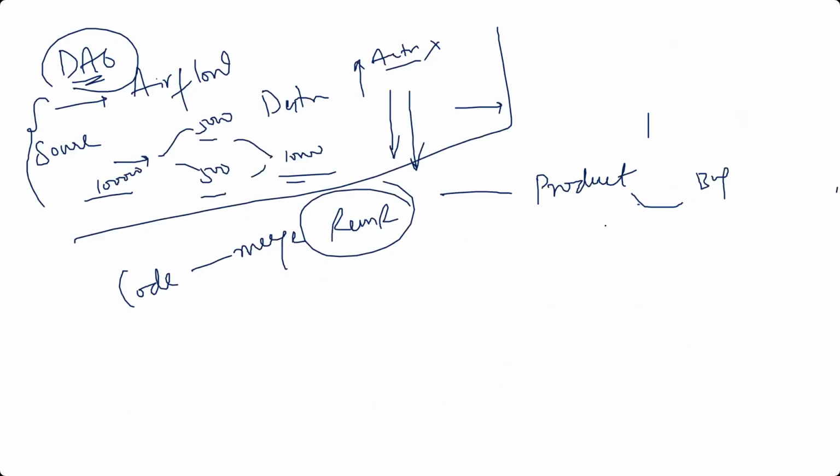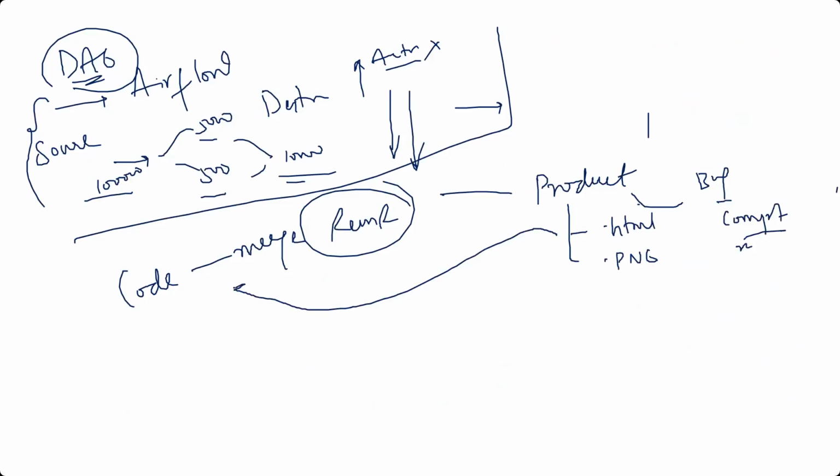Let's assume it's part of your HTML file and your logo PNG, and the bug is that the file is corrupted or not in a readable form. An automated bug can be created directly in the version control system, like Bitbucket, Gerrit, or GitHub, and get it assigned to you.